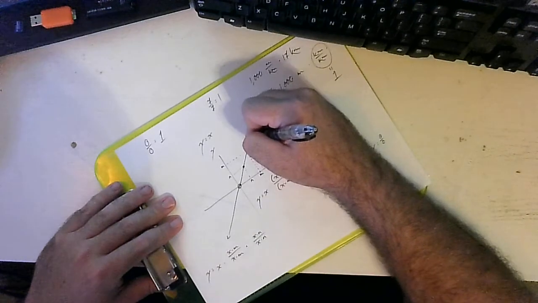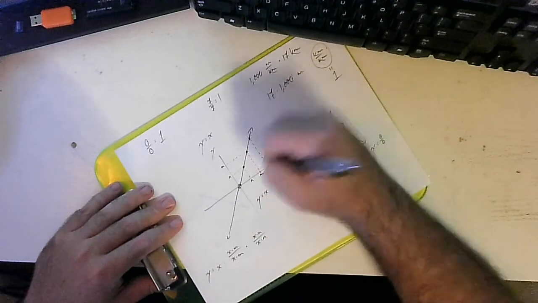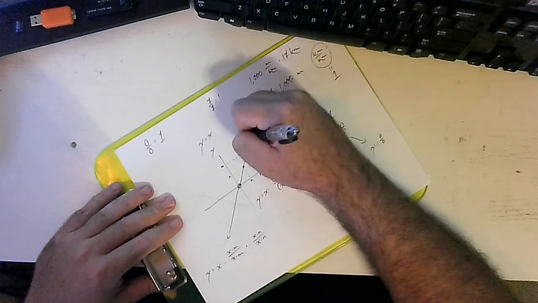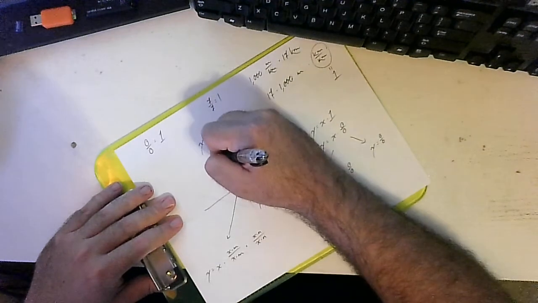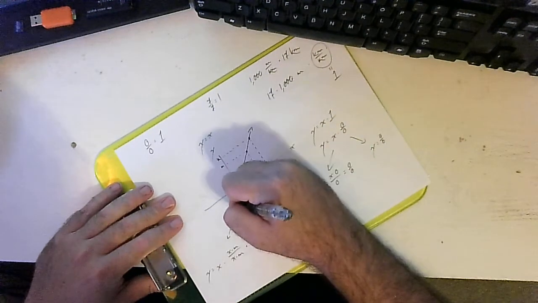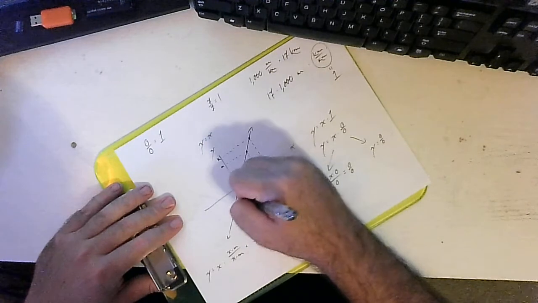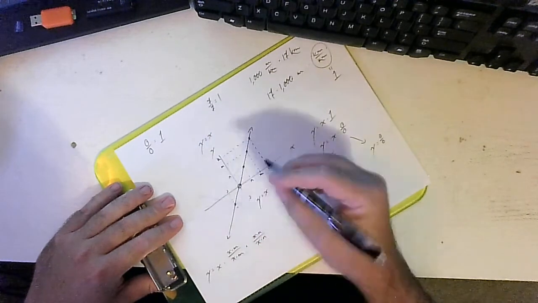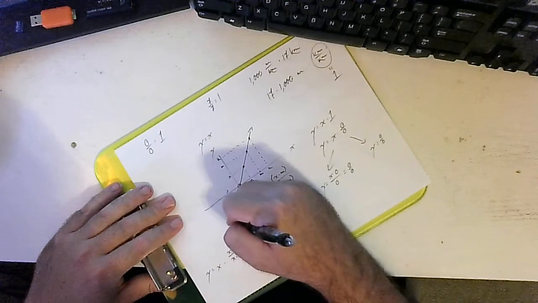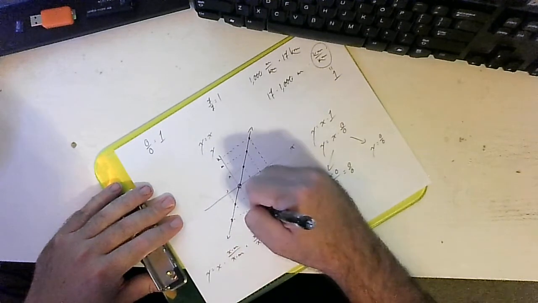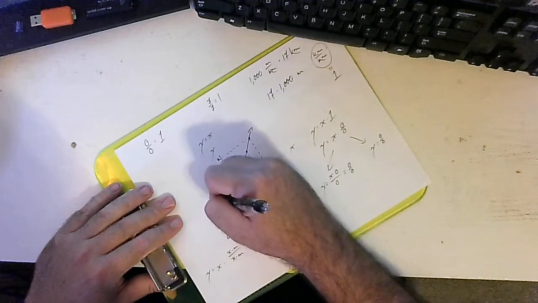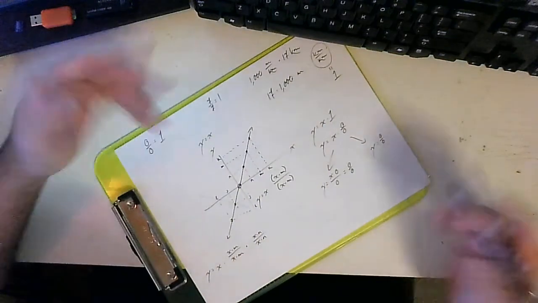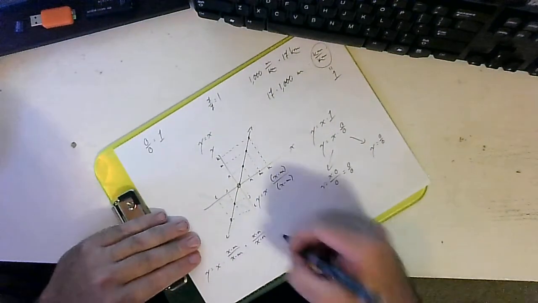And I could do it for k, and for j, and for L. I could do it for literally every point, right?